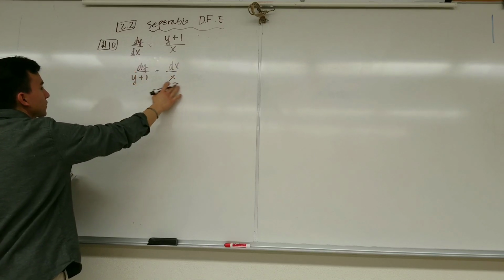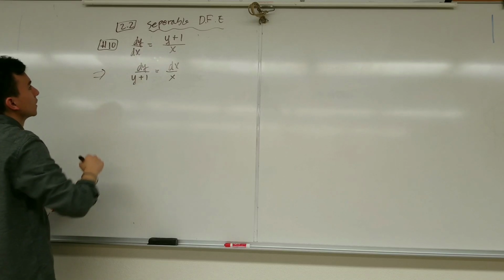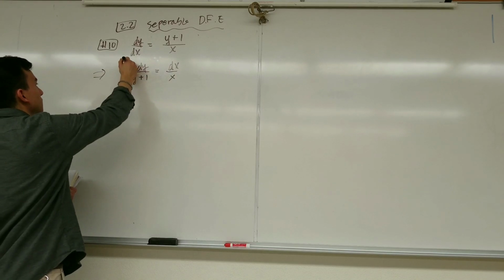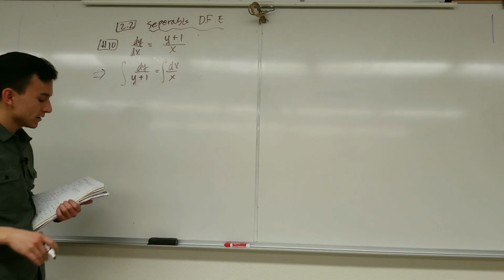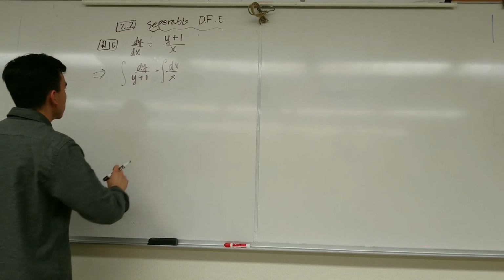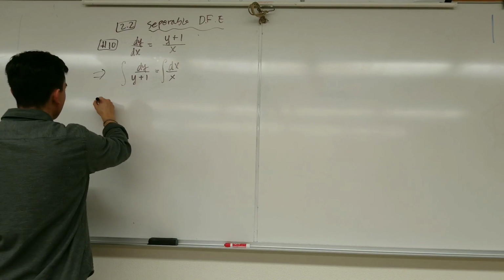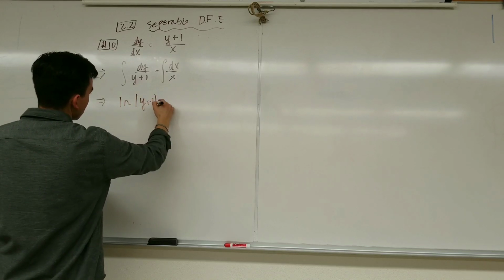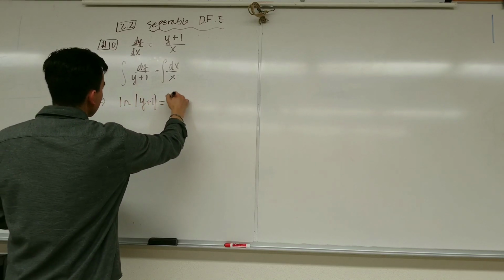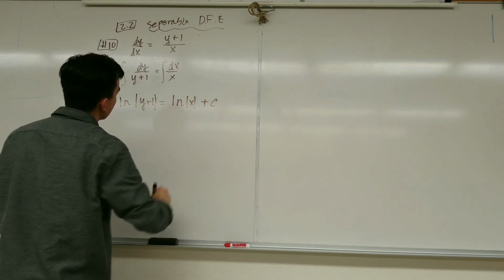Okay, and so now to do our next step for the separable differential equation, we're going to take the integral of both sides, and if you see, this is going to become the natural log of y plus 1 equal to the natural log of x plus c.